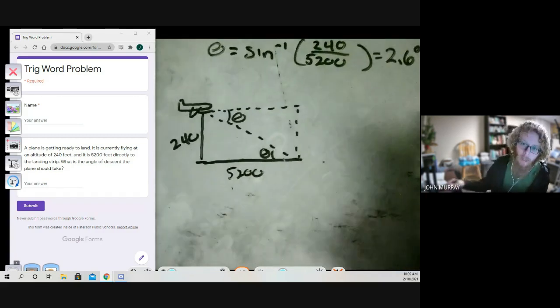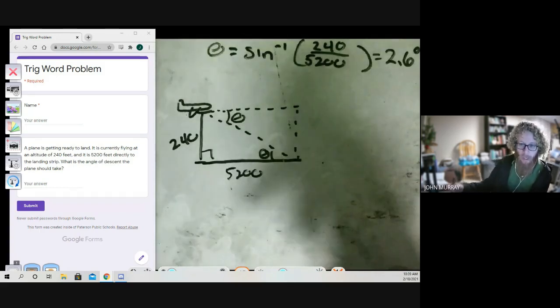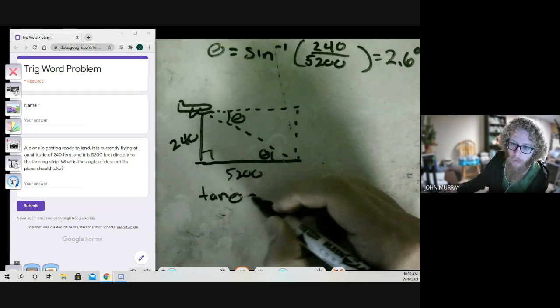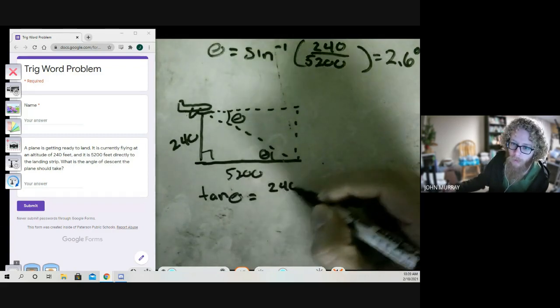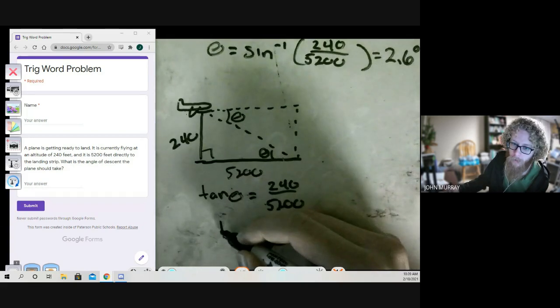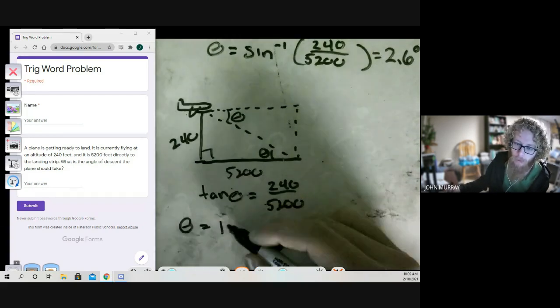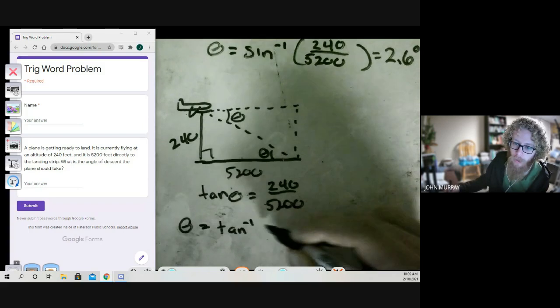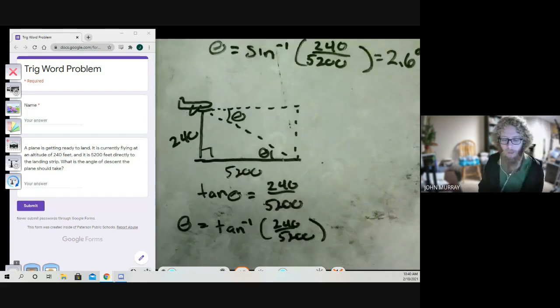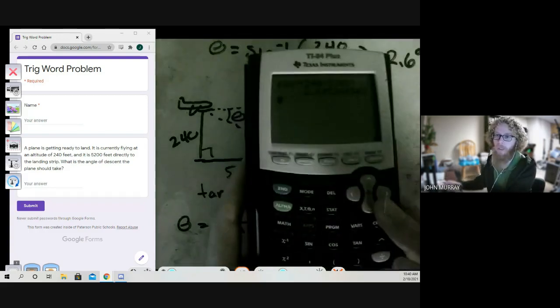So if you had it set up like this, you wouldn't be using sine, you would be using tangent. Right, so we would solve for theta, and we'd have the inverse tangent of 240 over 5,200. And let's calculate that real quick.